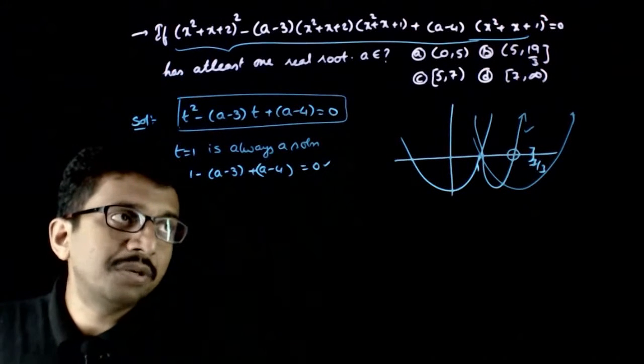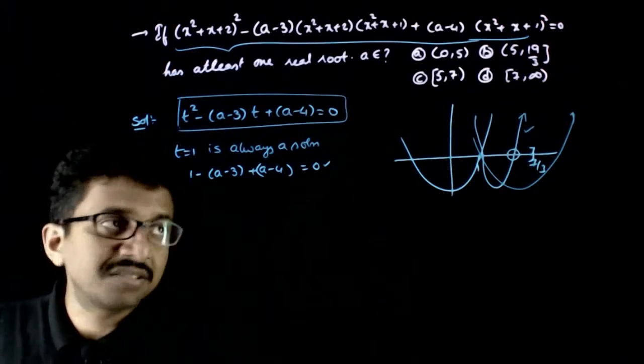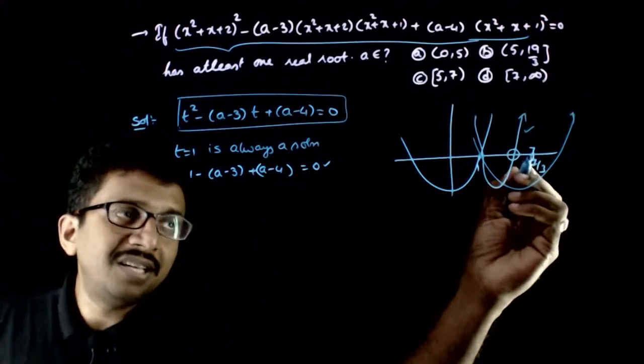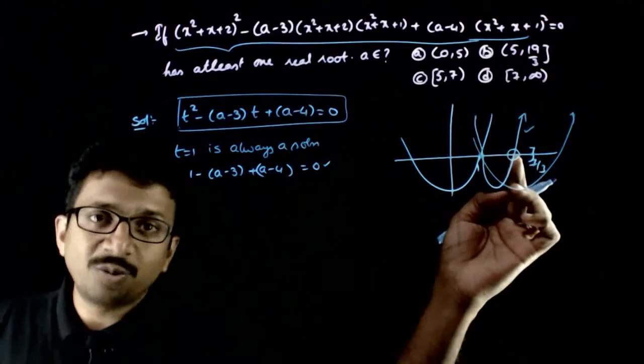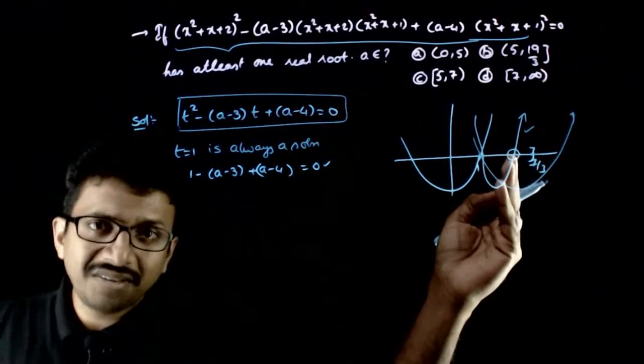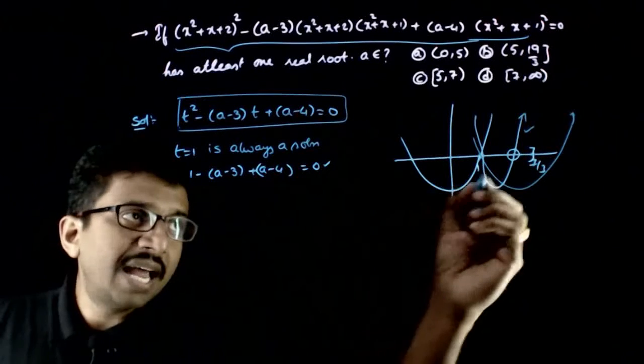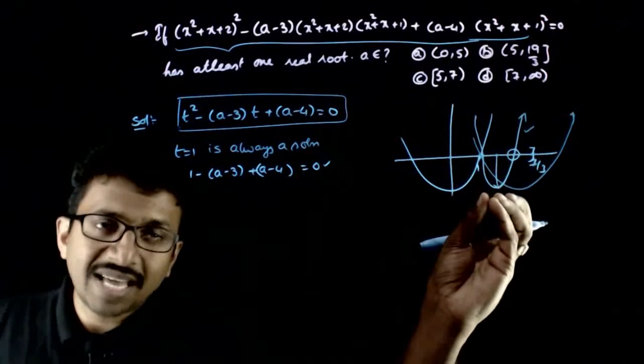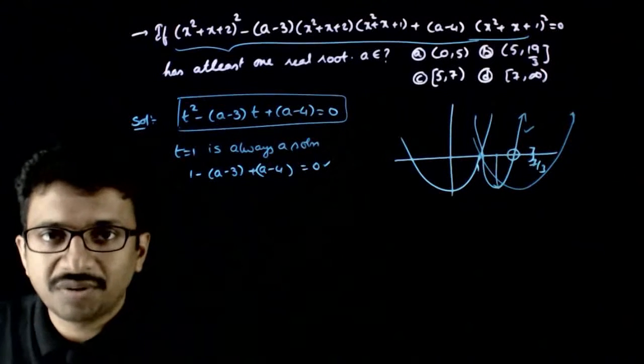So how do we ensure we have this? First, f of 7 by 3 has to be positive, and the x-coordinate of the vertex has to be greater than 1. These are the two conditions that you have.